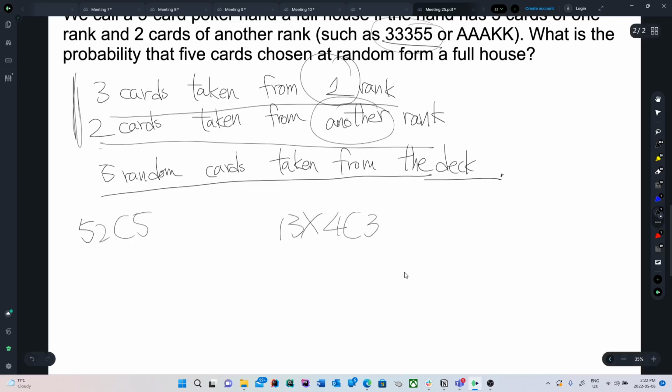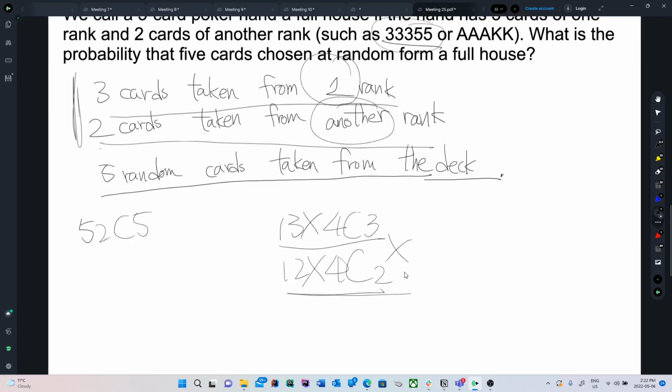So we're going to have 12 ranks left, and within the new rank there's 4 cards, of which we want 2. So we're going to have 13 times 4 choose 3 multiplied by 12 times 4 choose 2.